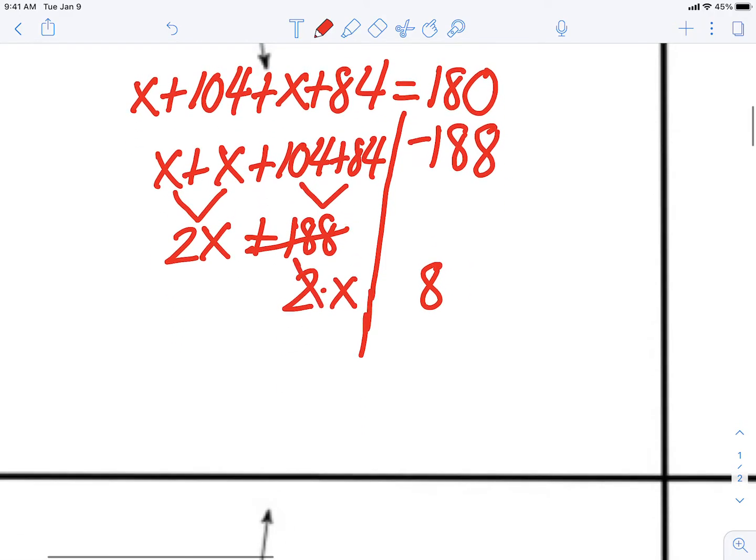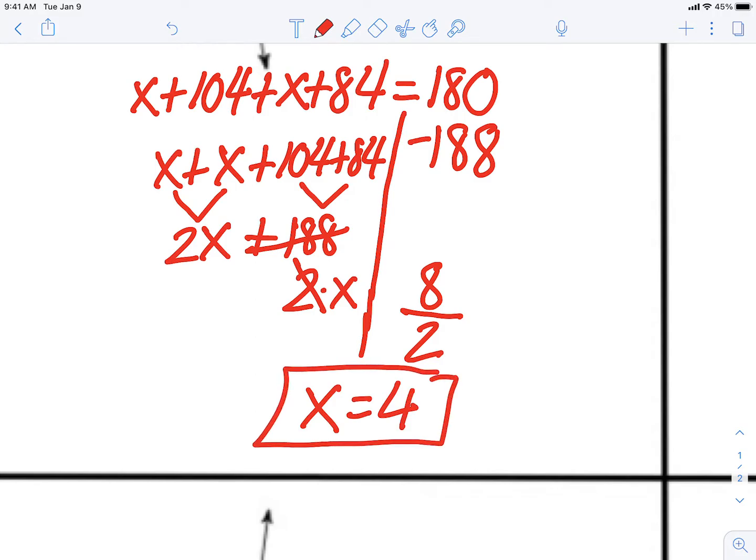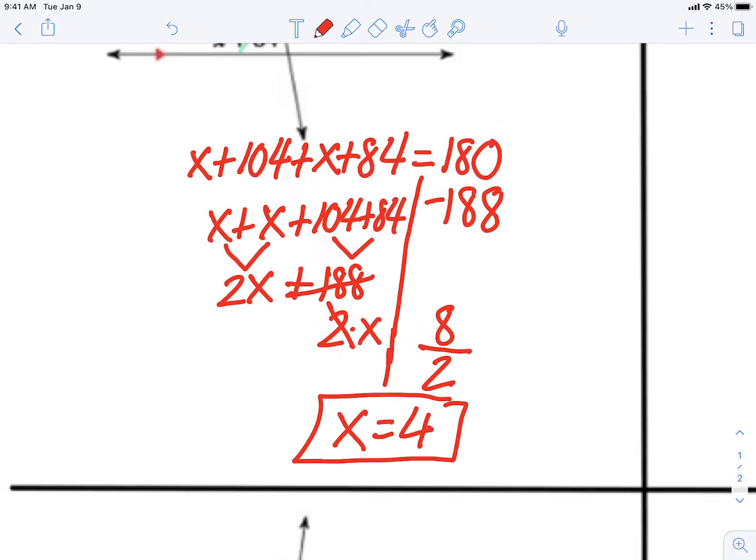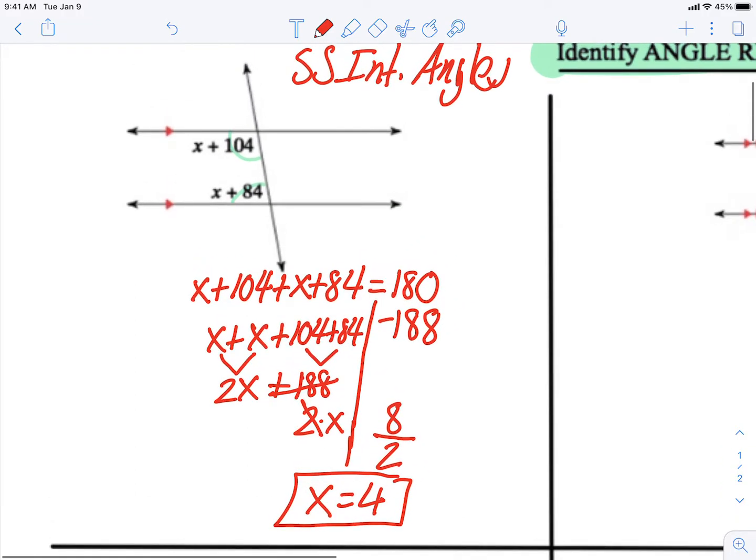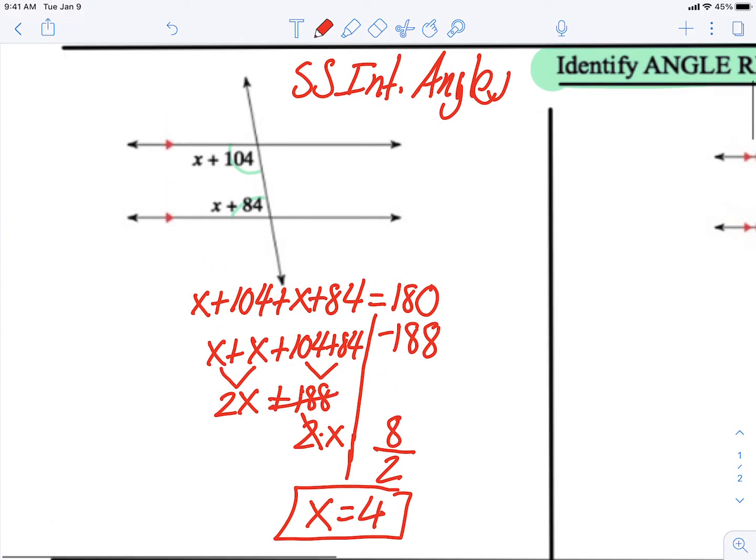And the opposite of multiplying by 2 is dividing by 2. So I get x is equal to 4. And there you are. Look at that. We have solved number 1. We have identified same side interior angles, and we have solved for x.